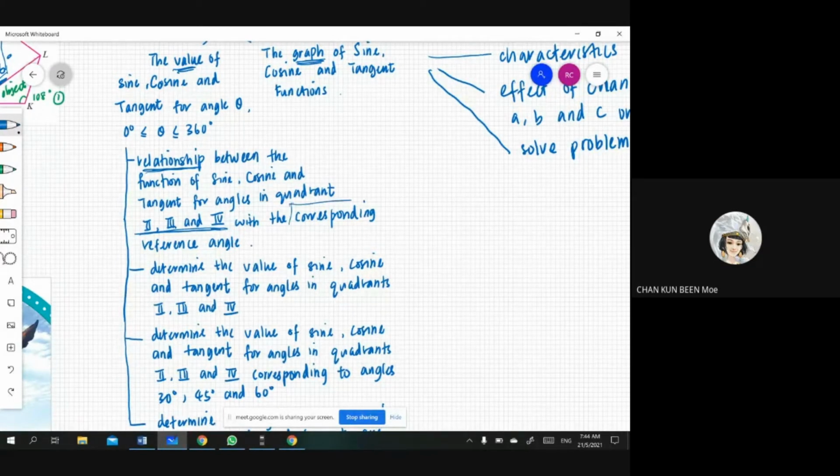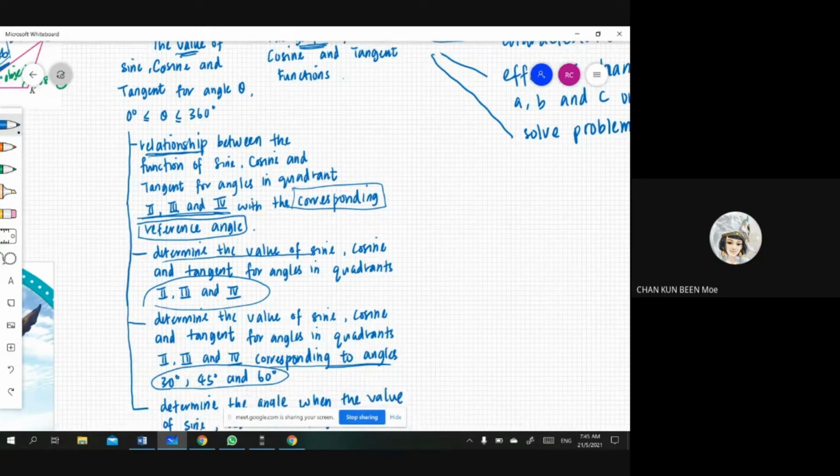Later on, you are going to look into the corresponding reference angle. And then second part, you are going to determine the value of sine, cosine, and tangent for the angles in those 3 quadrants. After that, determine the value of those 3 angles also with corresponding to the angle of 30 degree, 45 degree, and 60 degree.